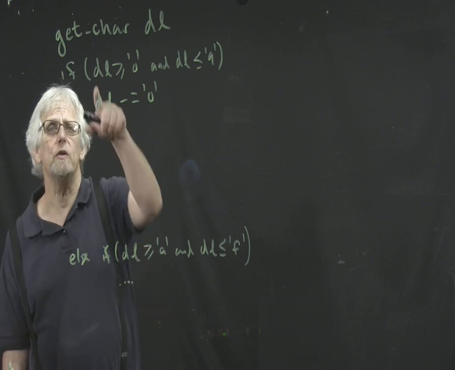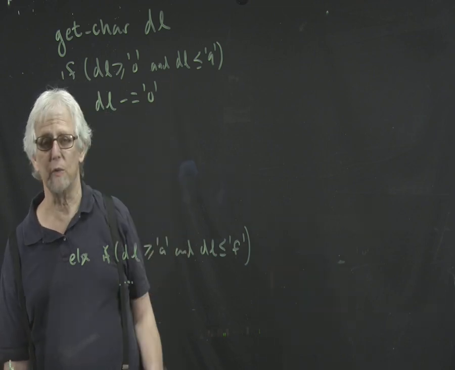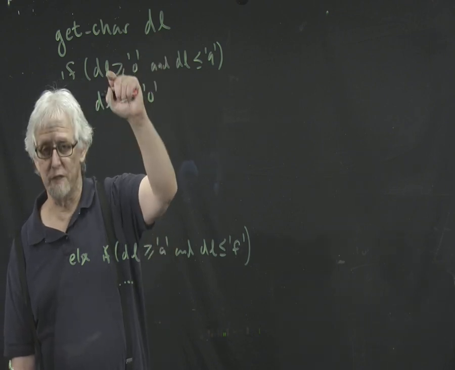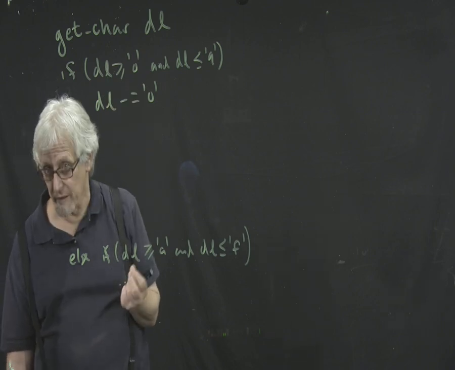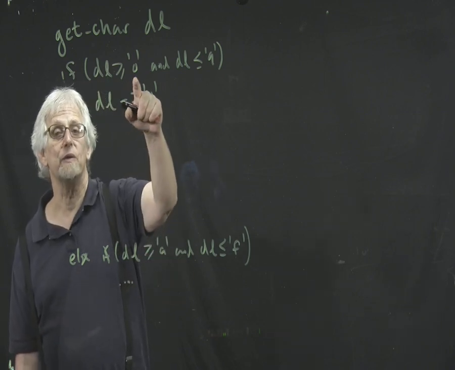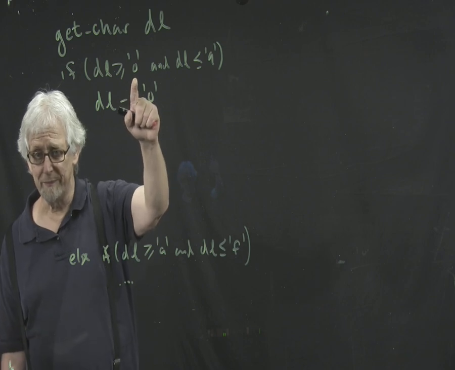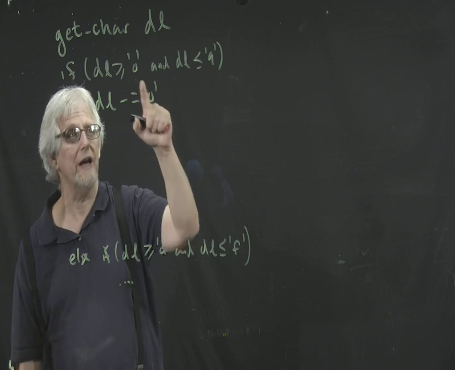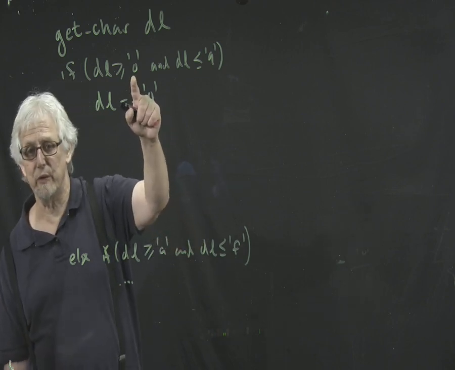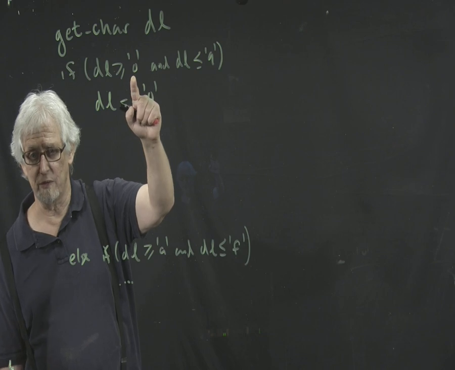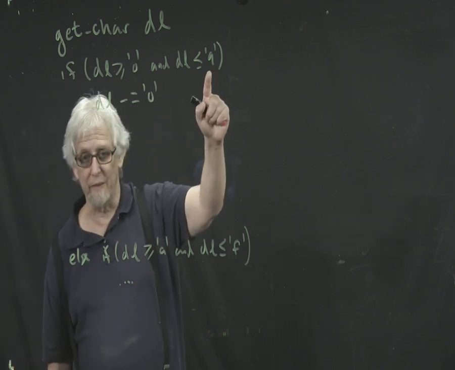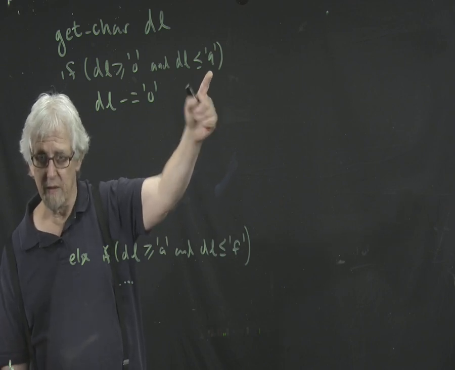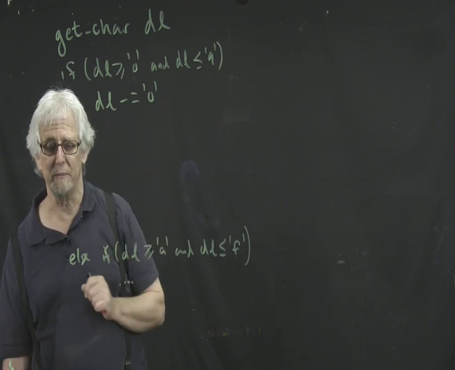And then what you're going to want to do is the following. If you were working in a regular programming language, you'd say if DL, our register, that's our temporary variable, is greater than or equal to an ASCII 0, you could put hex 30, or you could put decimal 48, it's the same thing, and DL is less than or equal to an ASCII 9, then whatever that number is, we want to do this computation.